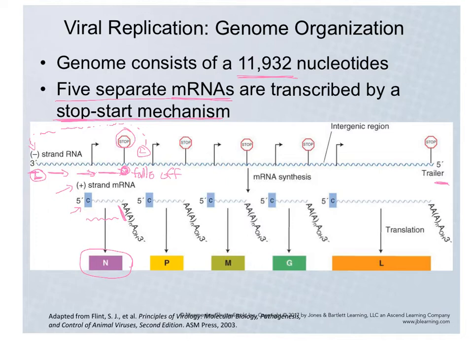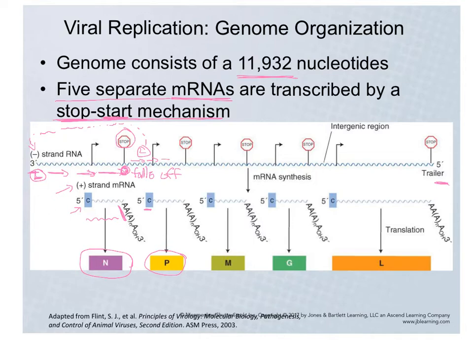About 2 out of 3 times that the polymerase encounters this stop region, it falls off, but sometimes it's able to continue on. It's kind of shaky, but it's able to start again. And it's going to begin to move down the genome, and when it encounters the transcription start site, it will now begin to transcribe this second messenger RNA, and the second messenger RNA will encode the P protein.